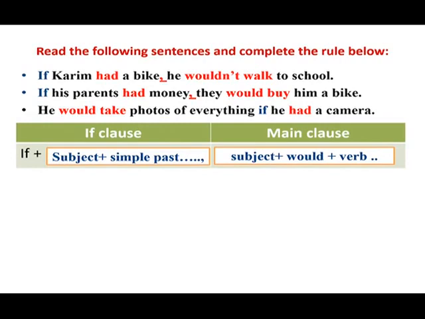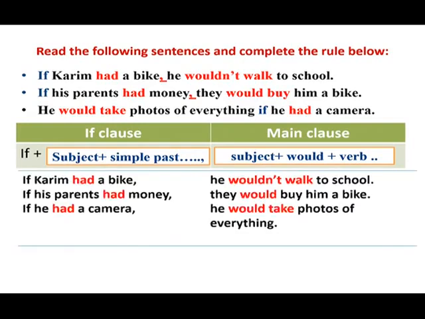Okay, so in the first sentence we have negative, he wouldn't, so you can see would or wouldn't if it is negative. Yes, so let's have a look at these examples. I'd like you to notice the last sentence. He would take photos of everything if he had a camera.